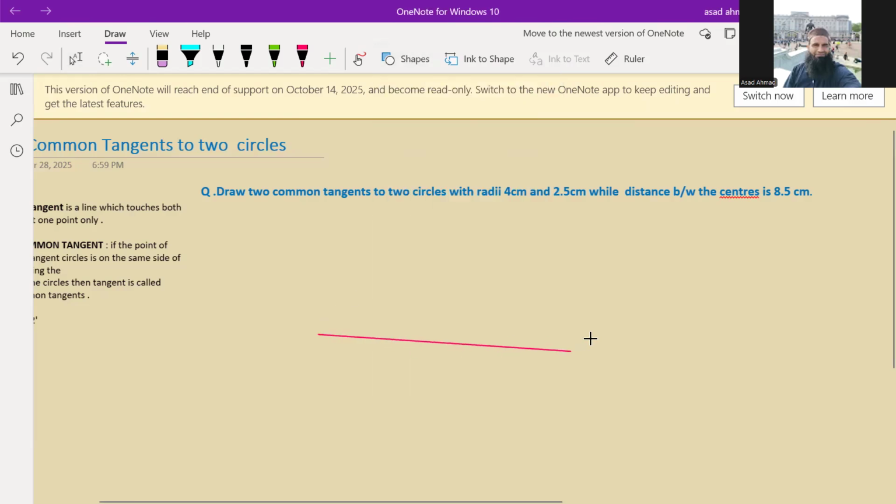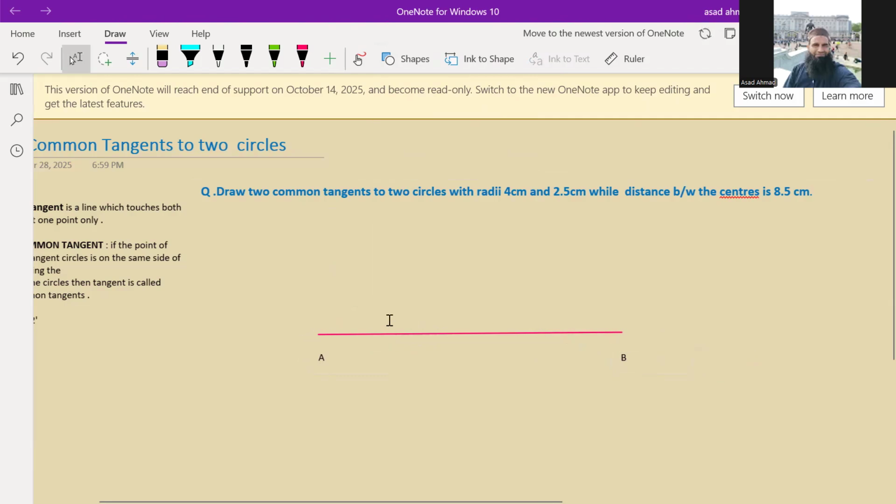I will label the endpoints as point A and point B. They will become the centers for the circles.